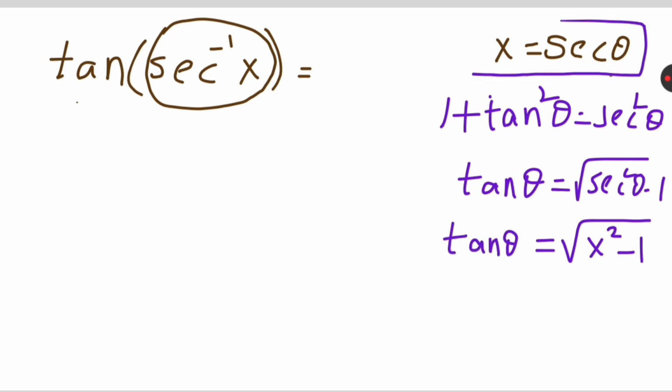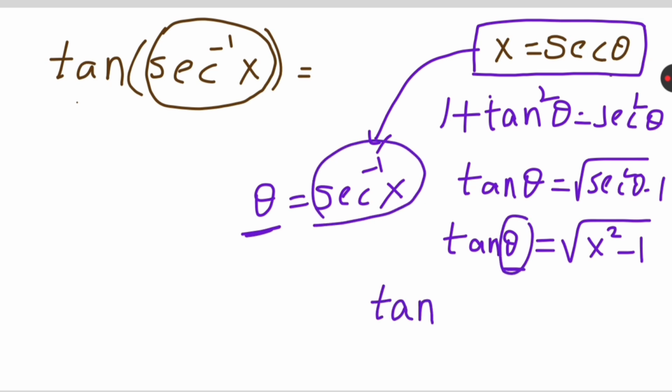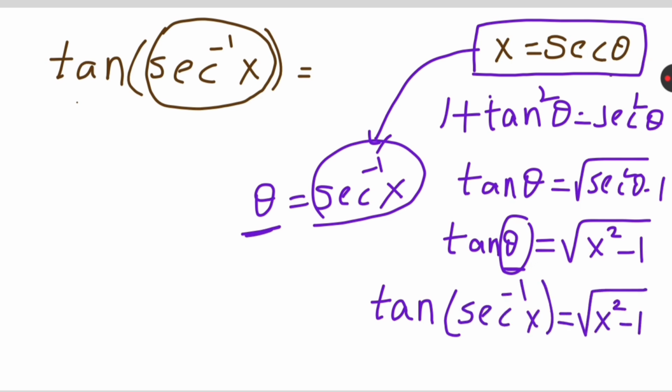So we considered x as secant theta. So from here we can write this as theta is secant inverse of x, isn't it? So this theta you need to substitute here. So tan of, instead of the theta, I am going to substitute secant inverse of x. So tan of secant inverse of x, that is equal to square root of x square minus 1. So this value is square root of x square minus 1. So let's take that.